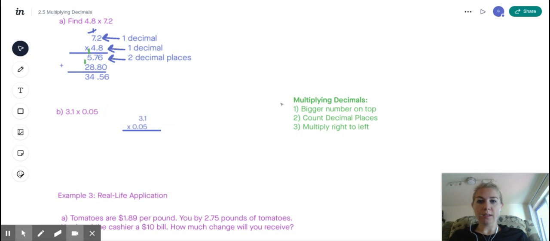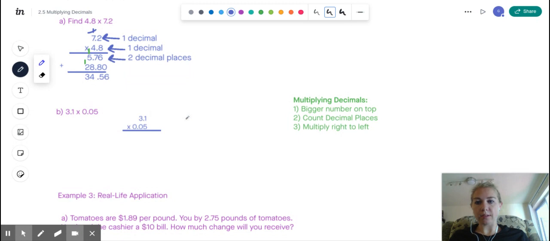All right. Step 2 says to count the decimal places. In our first number, 3.1, there's one number to the right of the decimal place, so that means there's one decimal place.